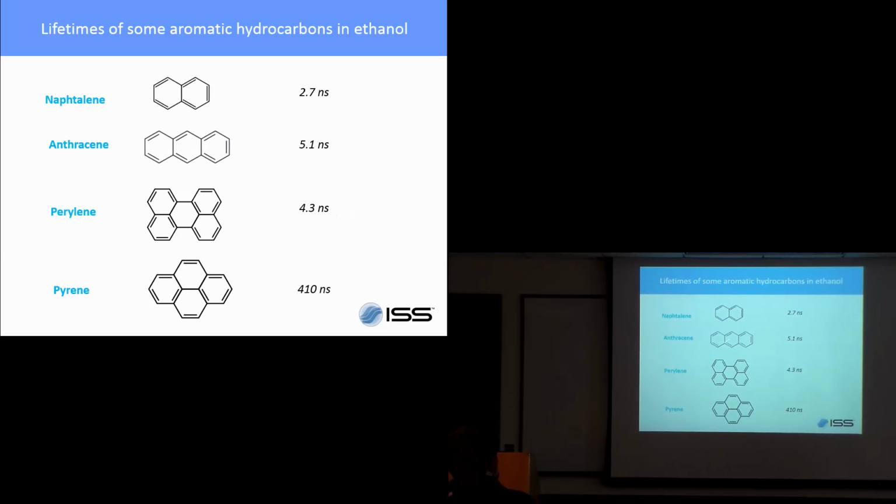Now, the lifetime also cannot be predicted by looking at the structure of the molecules. These are examples of polycyclic aromatic hydrocarbons. Naphthalene, 2 rings, 2.7 nanoseconds. If we add another ring, we go to 5.1. If you have more rings, it drops to 4.3. This structure goes all the way to 400 nanoseconds.